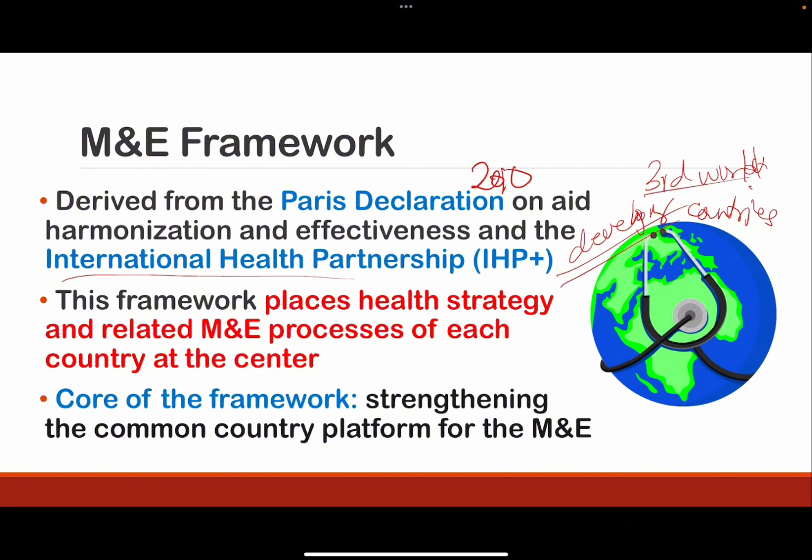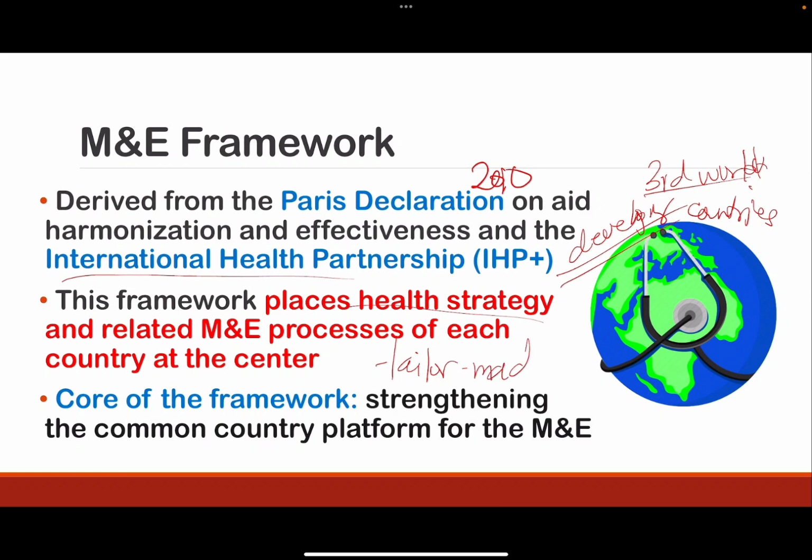Okay, so this framework places health strategy and related M&E processes of each country at the center. So lahi-lahi 'di ba ang pangangailangan ng kada country. So itong mga strategies, they are tailor-made to address health problems of each country. Kung mingon ka tailor-made, 'di ba?